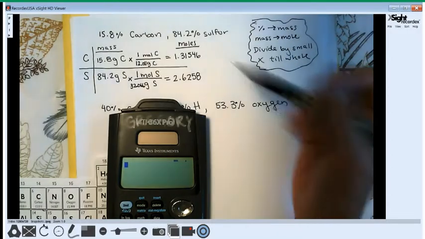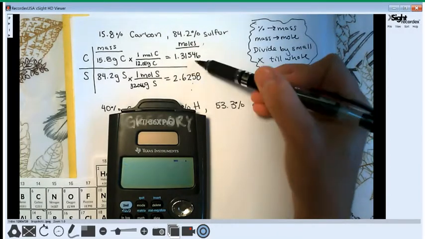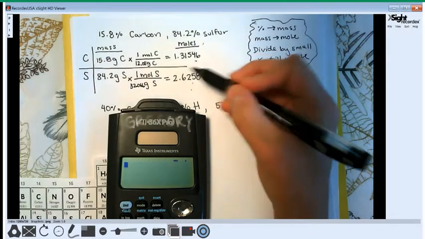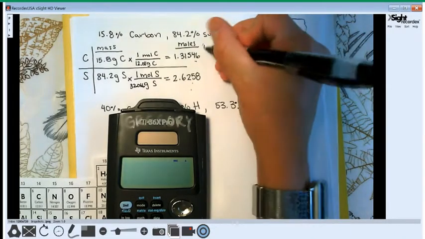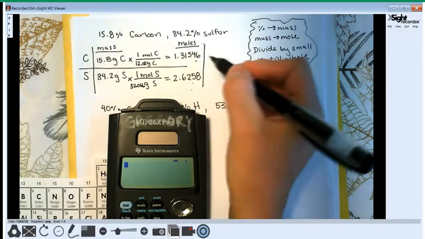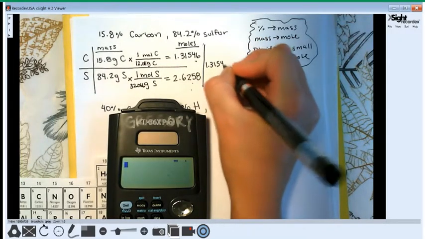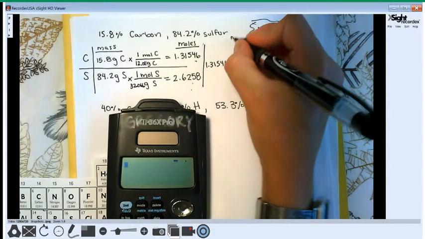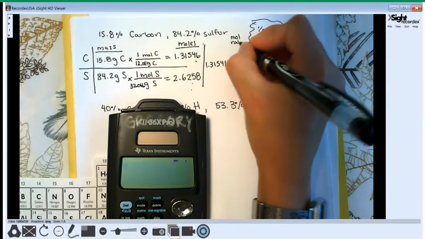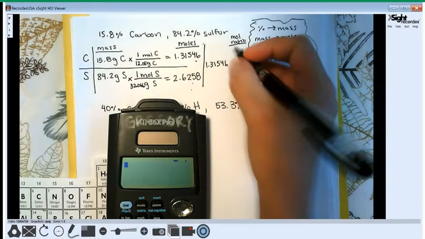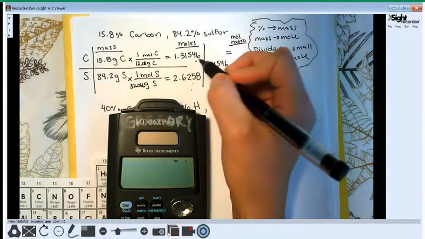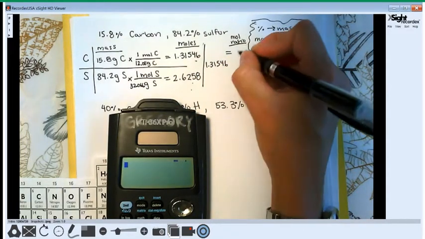We did percent to mass and mass to mole, so next is divide by small. We look for the smaller number, which here is 1.31546. I'm going to divide both by 1.31546, and that gives a value called the mole ratio. 1.31546 divided by itself is just 1.